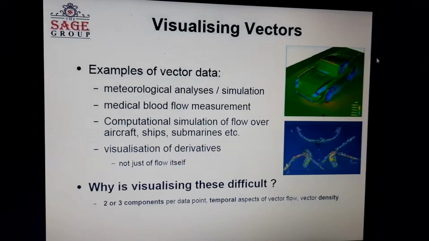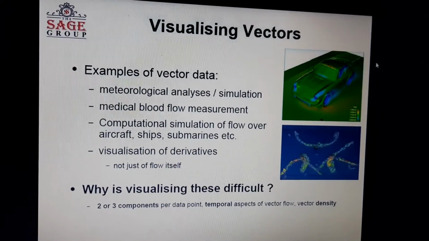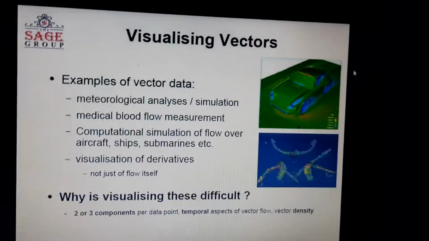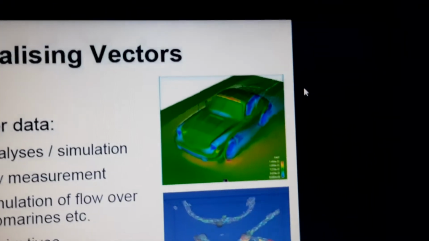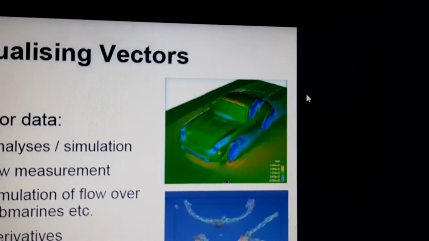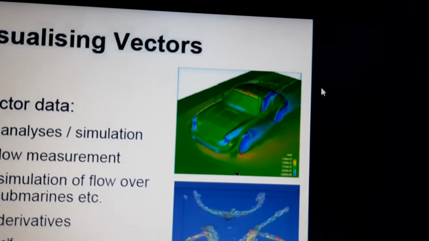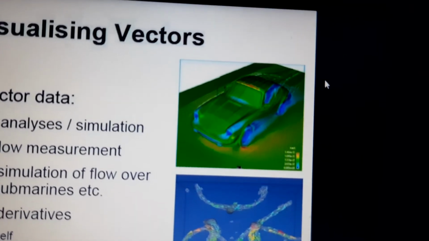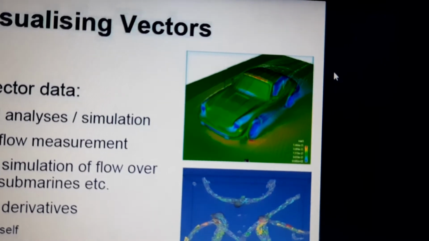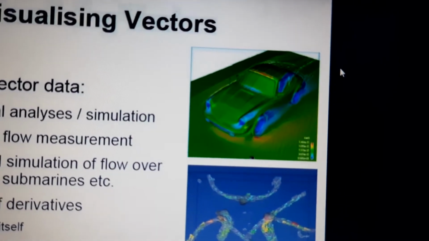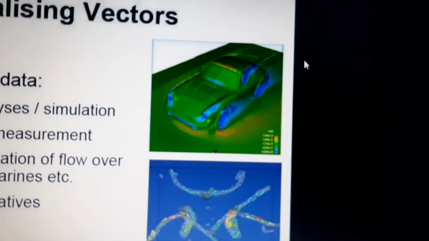This is an example of how to visualize vector data. As you can see in the image, we are trying to visualize a car which is running. Then how can we differentiate a car which is not running from a car which is moving on the road? So you can see the changes in the color.